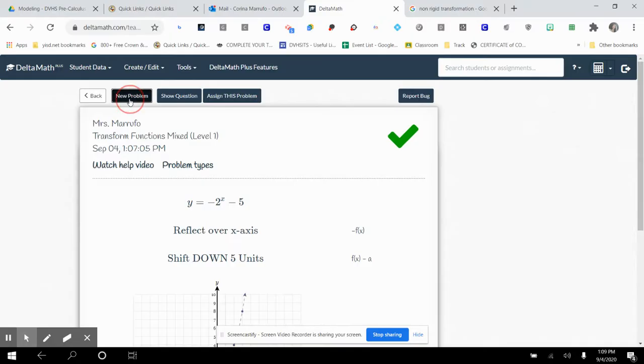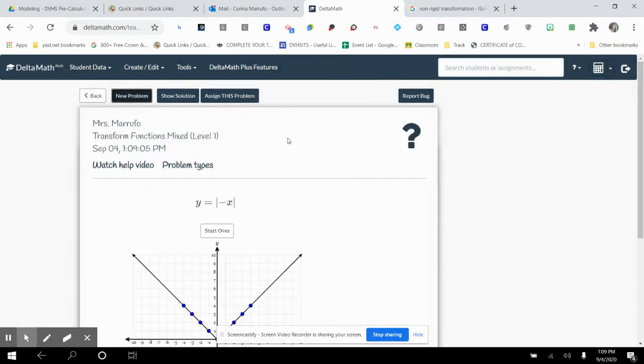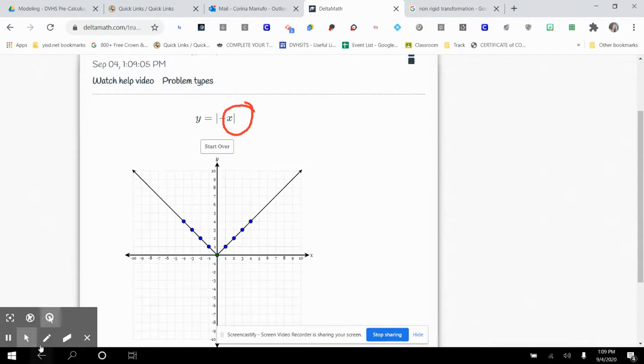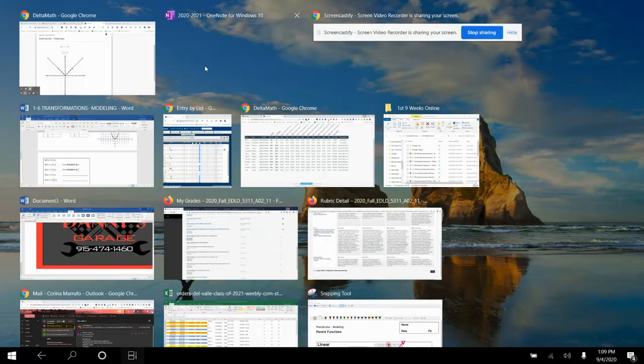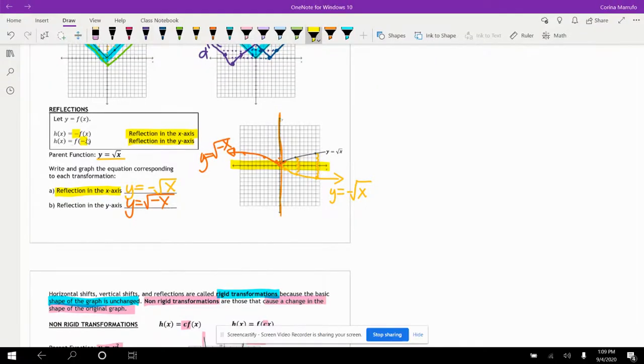So let's try another problem. Okay, so here it has negative absolute value of x. Now remember, in case you forget, don't be shy to check your notes. So let's go ahead and check our notes. When the negative is inside with the x, you're going to have a reflection across the y-axis.